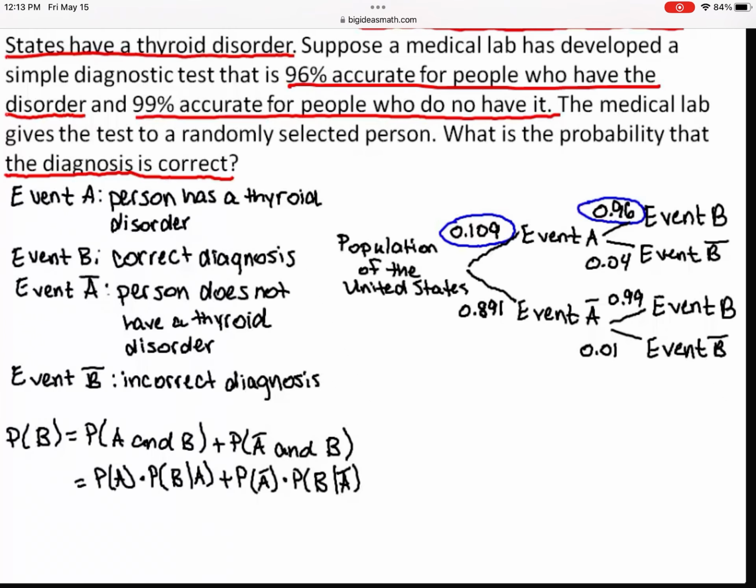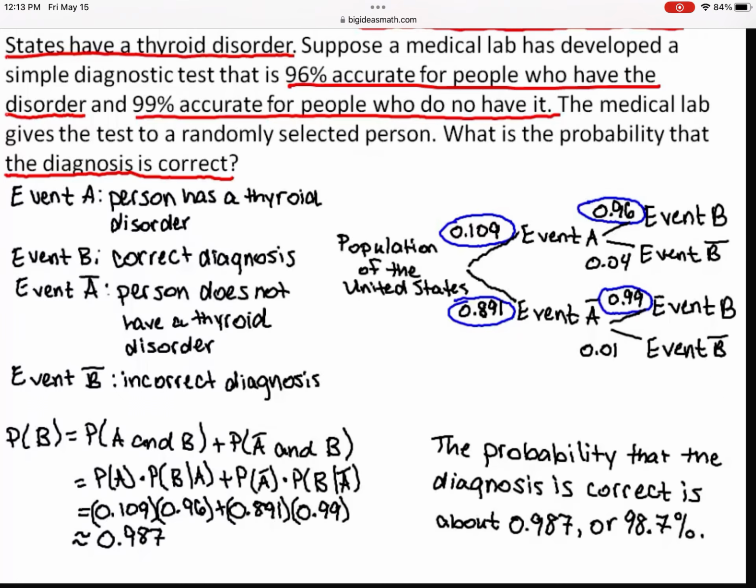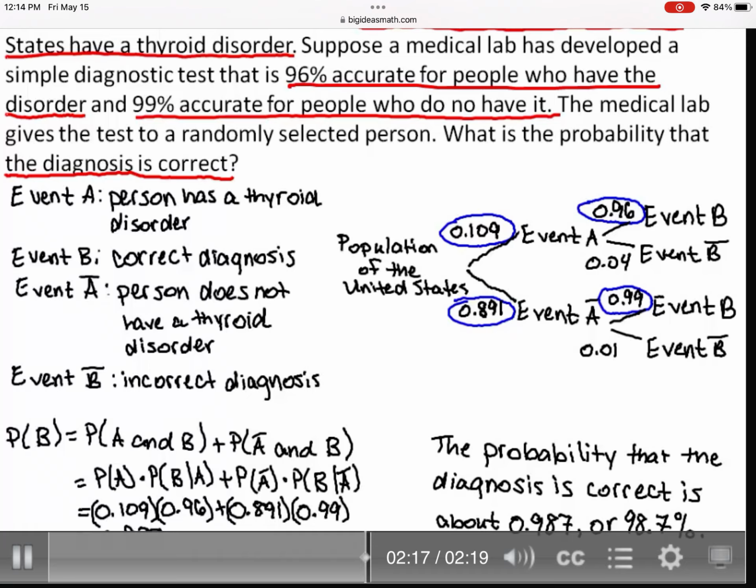The probability of event A bar occurring is 891 thousandths, and the probability of event B occurring, given that event A bar has already occurred, is 99 hundredths. 109 thousandths times 96 hundredths plus 891 thousandths times 99 hundredths simplifies to approximately 987 thousandths. So the probability that the diagnosis is correct is about 987 thousandths or 98 7/10%.